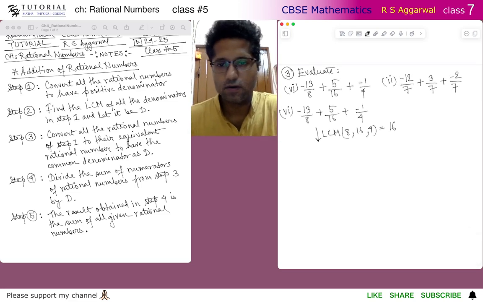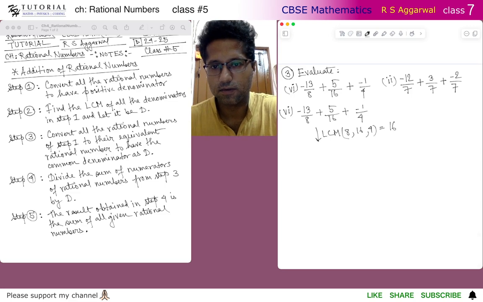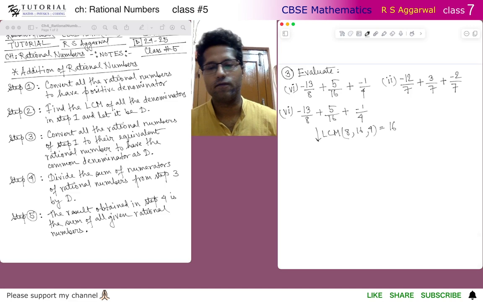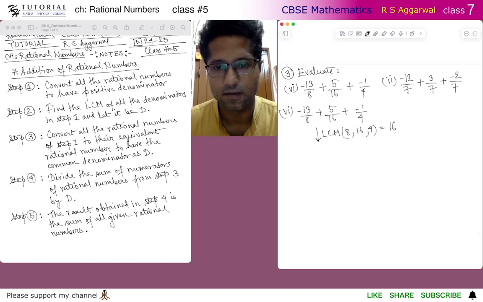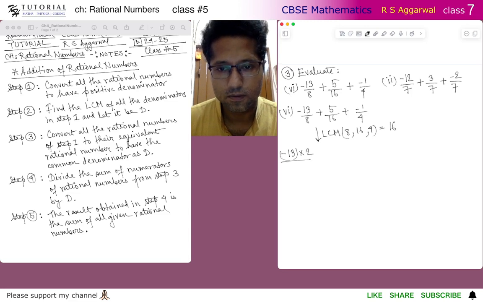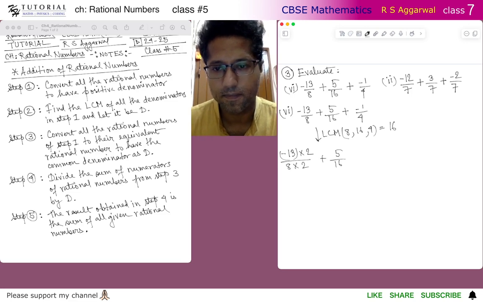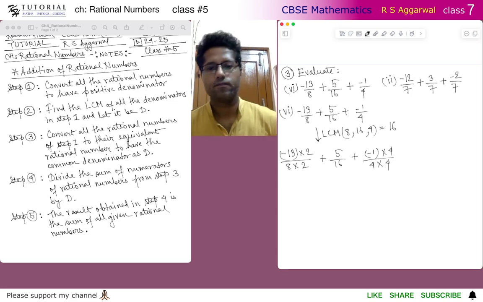Now we have to convert all the rational numbers in the sum to the equivalent rational number, so that they all have a common denominator of 16. So we have minus 13 into 2 over 8 multiplied by 2, plus 5 by 16 remains the same, plus minus 1 multiplied by 4 over 4 multiplied by 4.